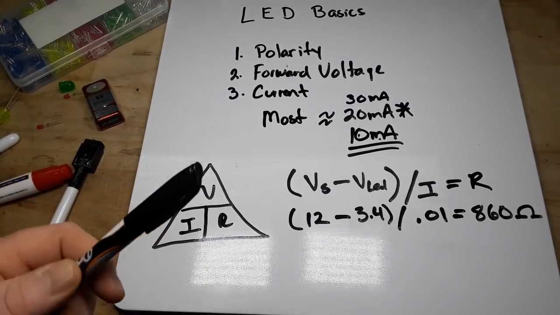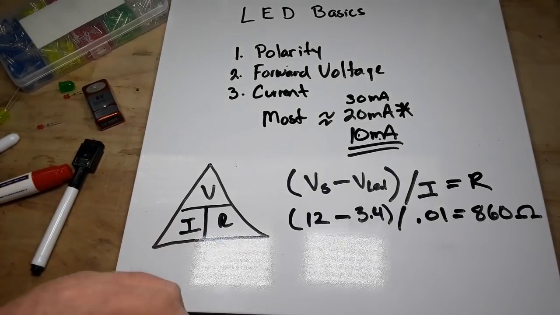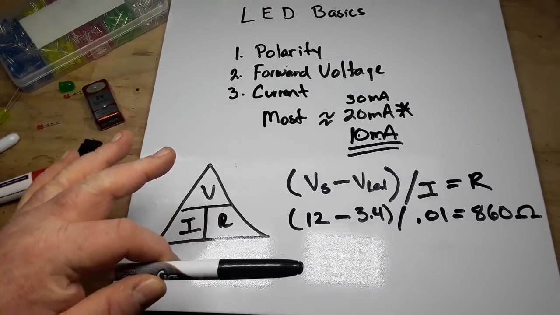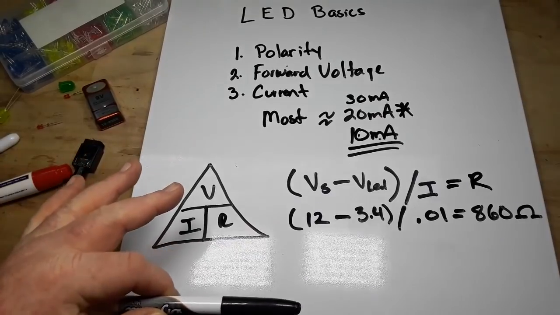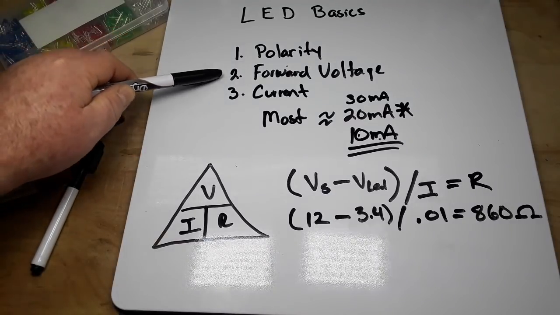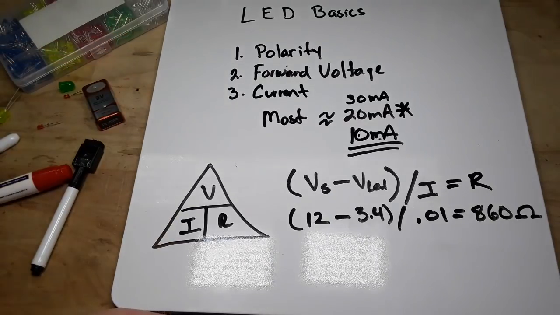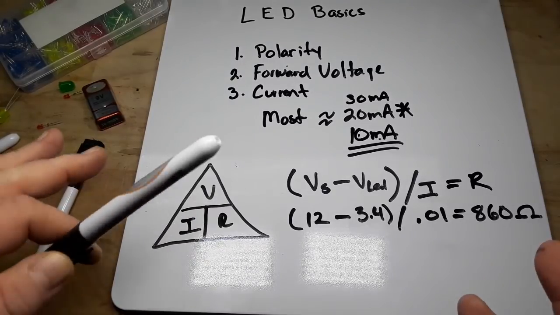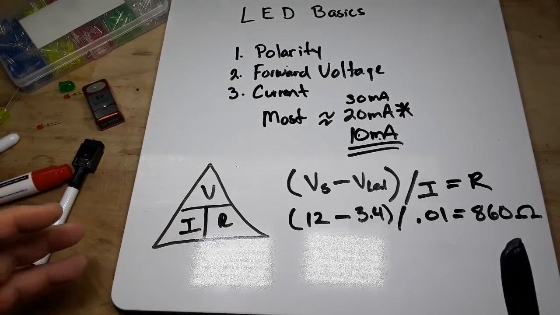Well, use what's close. This isn't perfection required. This is get close and you'll be okay. So now we know all the things we need to hook up our LED.